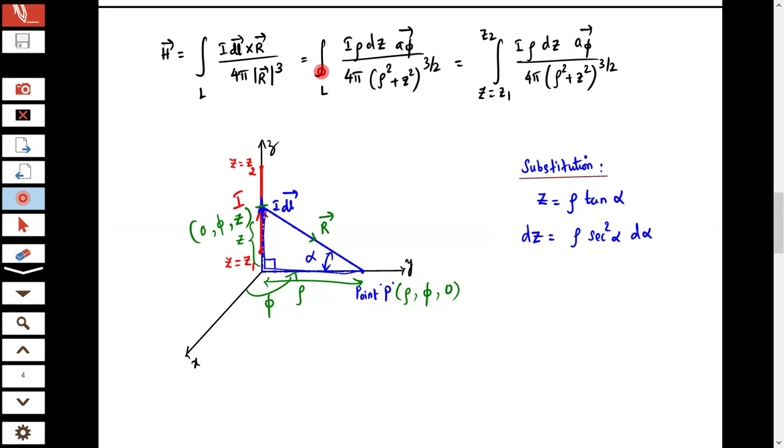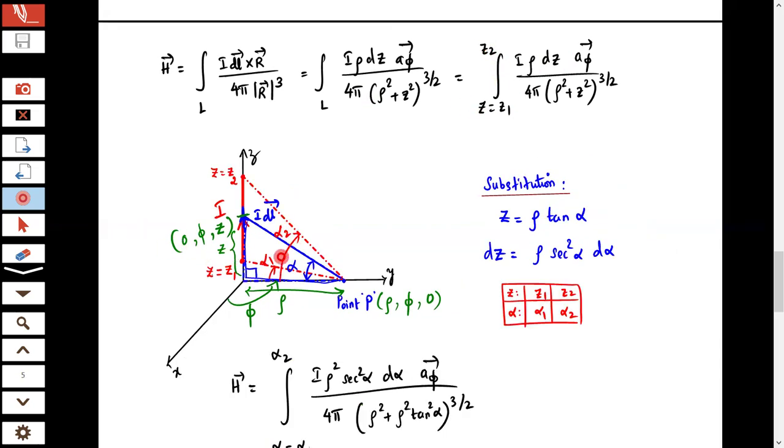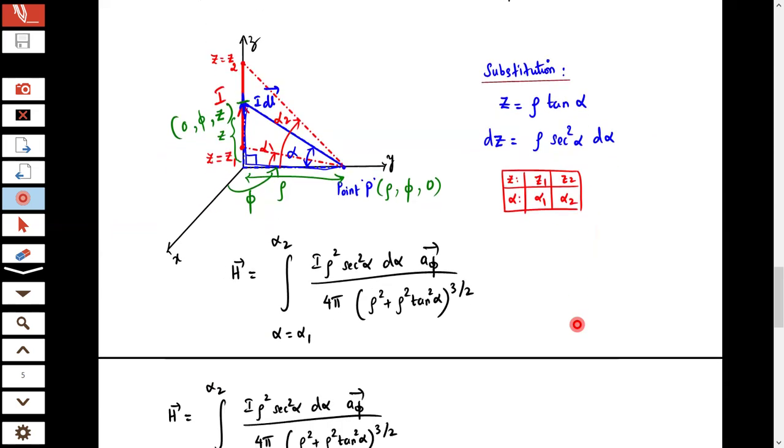Now we should consider changing limits from z to alpha. Again, looking at this diagram, the lower limit of z is z1 and the corresponding angle will be alpha 1. The upper limit of z is z2 and the corresponding angle will be alpha 2. So when we change the variable z to alpha, the limits will be changed to alpha 1 as the lower limit and alpha 2 as the upper limit.